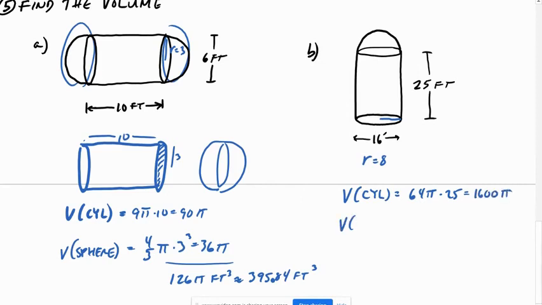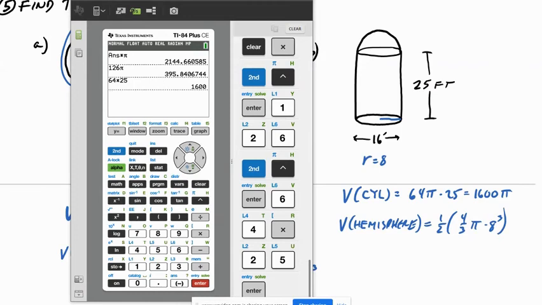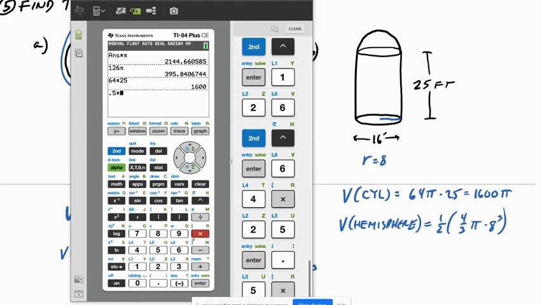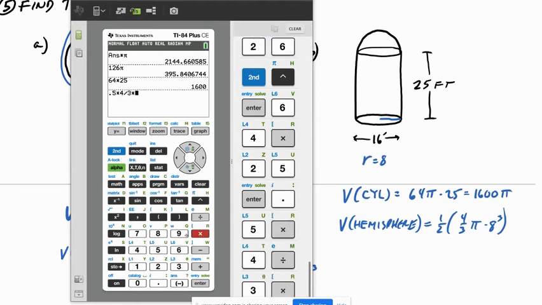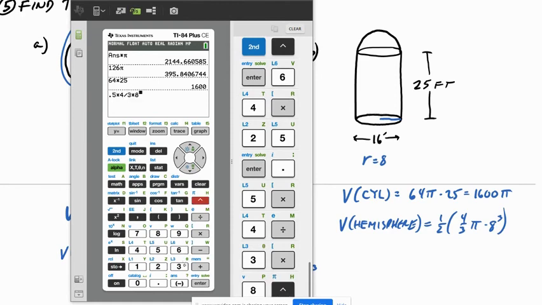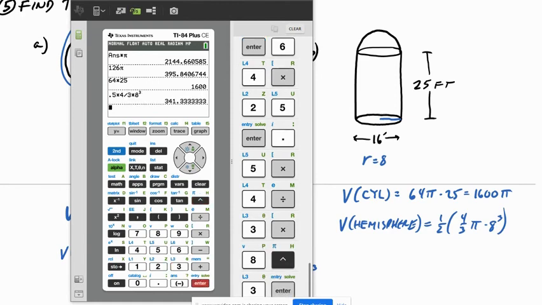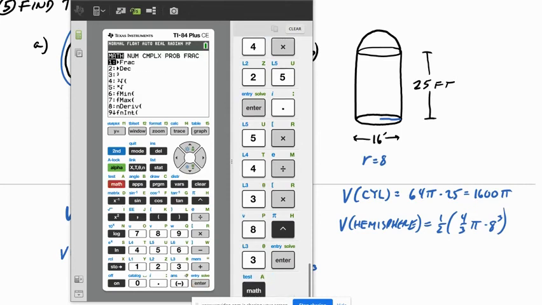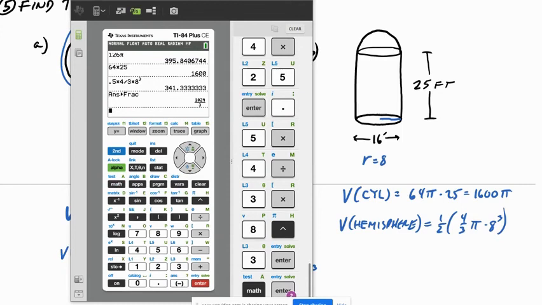And the volume of the hemisphere is 1/2 of 4/3 pi r cubed. Our radius is 8, so pi times 8 cubed. So if we put in everything except for the pi, we have 0.5 times 4/3 times 8 cubed. Math frac gives us 1024 pi over 3.